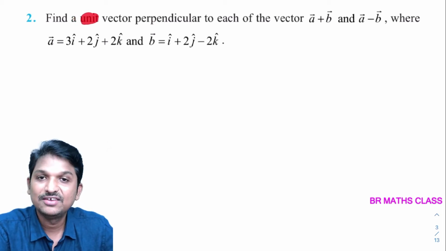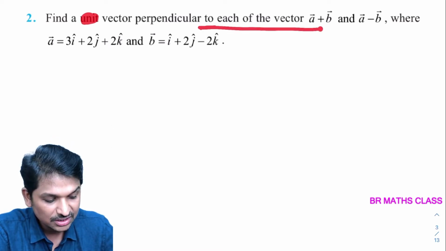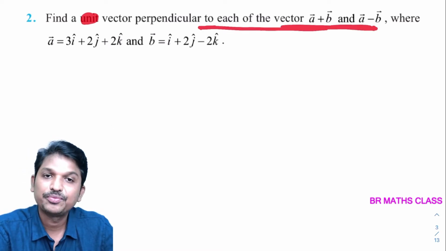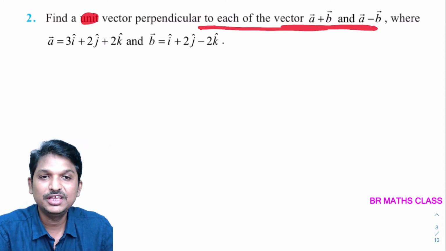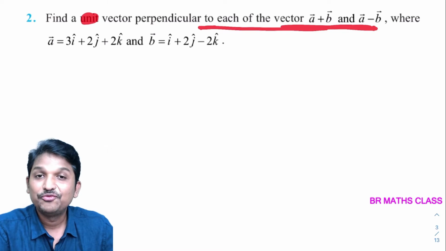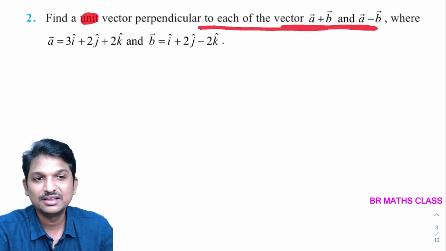Then what is this? Find a vector perpendicular to each of the given vectors. Perpendicular to a bar plus b bar and a bar minus b bar.